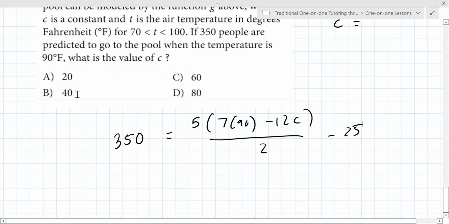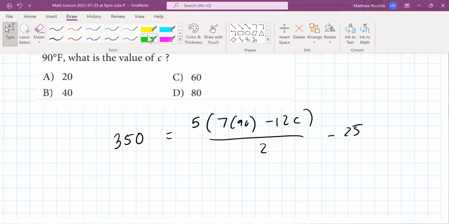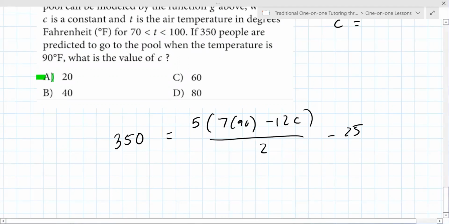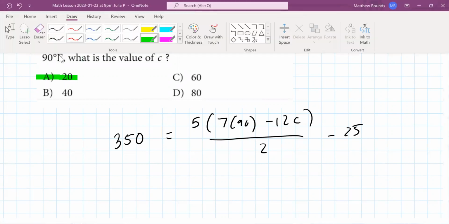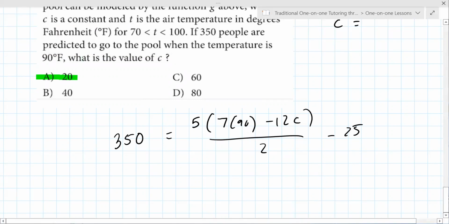There's another technique here we can talk about, which I think is really cool, but it's better on the ACT. But let's try A, and let's have you put the answer for A in for C. So if you've got a calculator, it's 5 over 2, 7 times 90 minus 12 times 20 minus 25.